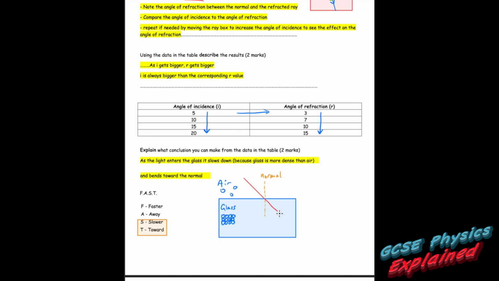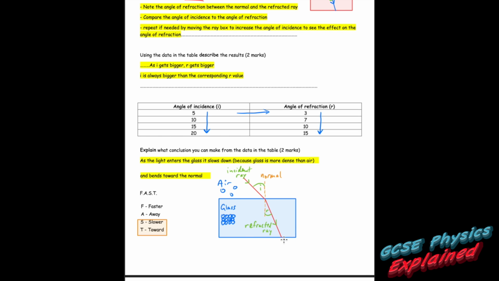So instead of coming over here, it's going to bend, it's going to swing in toward the normal. Now don't go right over like that. You've got to make sure that you can see a bit of an angle in here. So remember, that angle there is called I, the angle of incidence, because this ray here is the incident ray. And this angle here is called R, because this is the refracted ray.